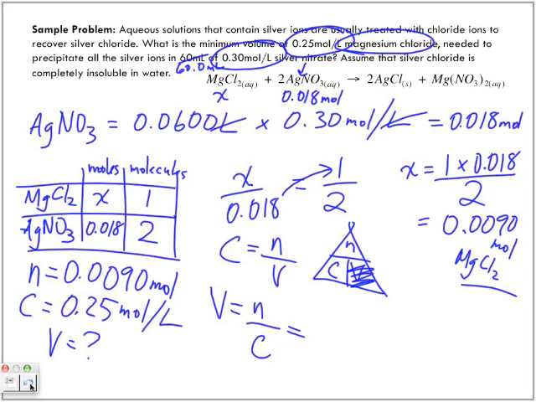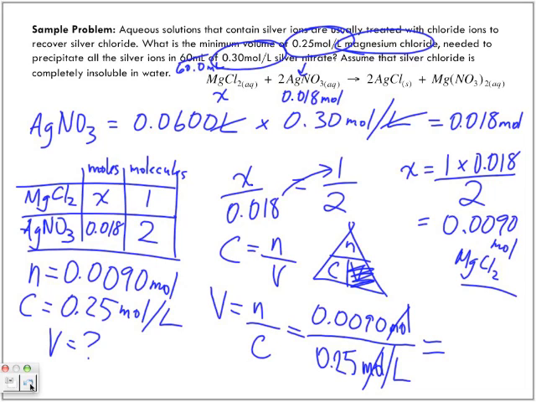Our N value, 0.0090 moles, divided by 0.25 moles per liter. Moles cancel out, and our answer comes out to 0.036 liters. But if we're trying to put that in a graduated cylinder, we want to convert that to milliliters.